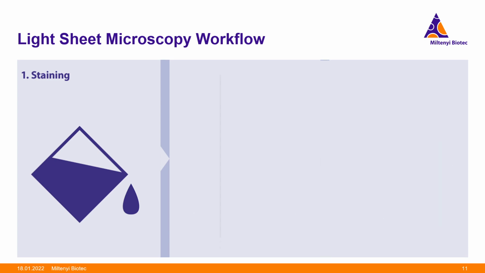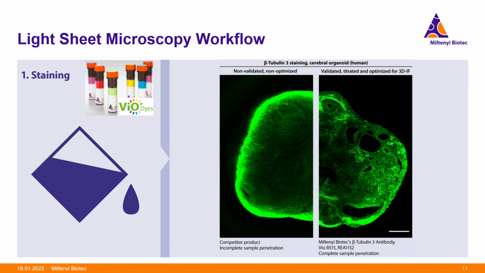Now, to begin, one of the biggest challenges when staining thick tissue sections or entire organs is the complete penetration or diffusion of antibodies through the entire sample. To ease this burden, we have 3D immunofluorescent validated antibodies that have been screened for functionality and optimized for tissue penetration.